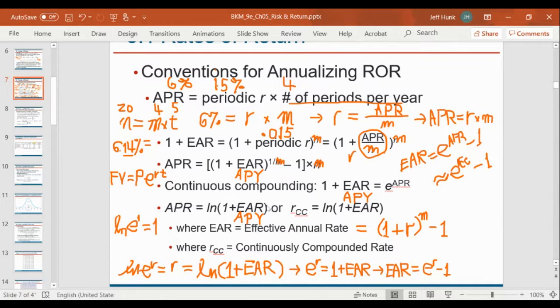You might say trading is not necessarily happening continuously. The interval between each transaction is irregular.